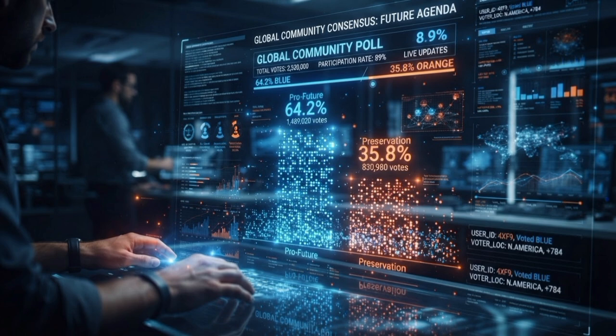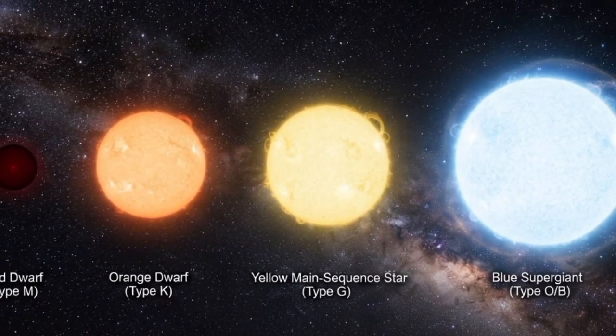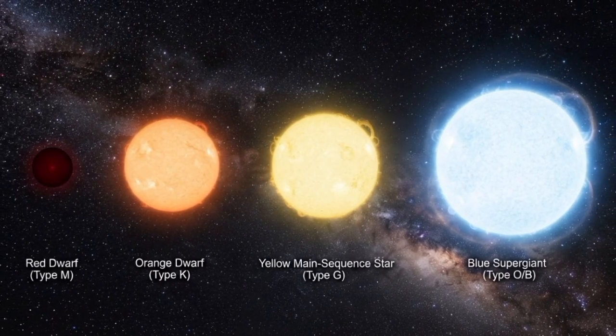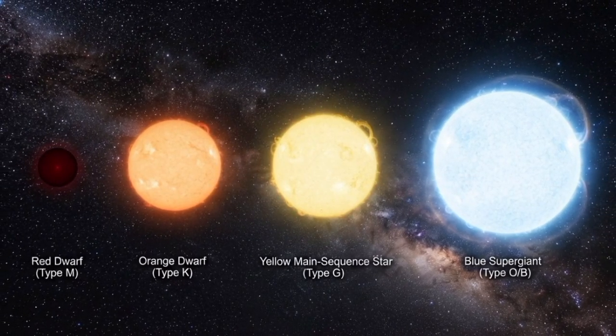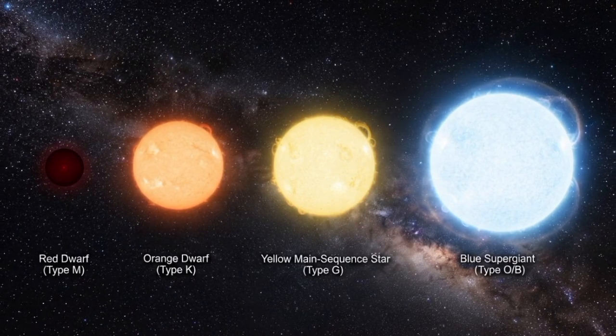I broke it down into categories that mirror exactly what real planetary scientists consider when they assess habitability: the type of host star, the orbital distance from that star, the mass and radius of the planet itself, the composition of the atmosphere, the presence and strength of a magnetic field, the rotation period, meaning how long a day lasts, the axial tilt, which determines the severity of seasons, the number and size of moons, and finally, the percentage of the surface covered in liquid water.